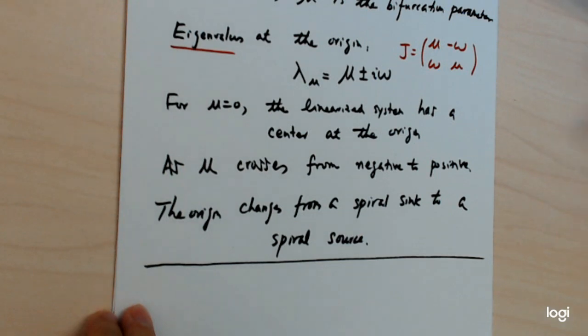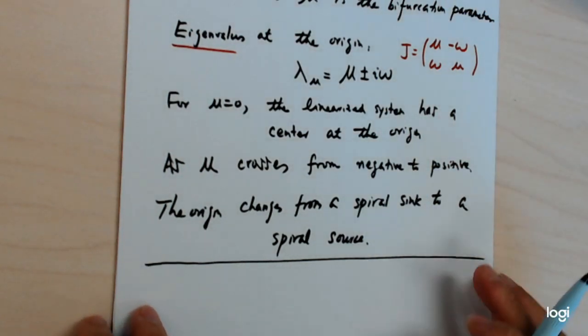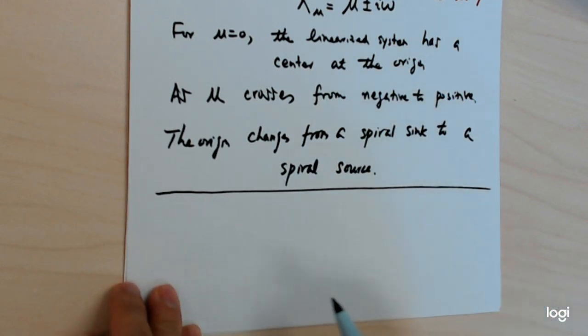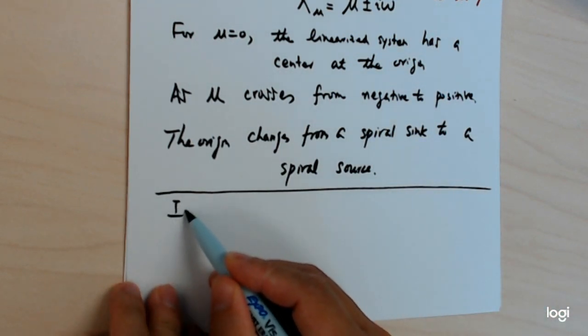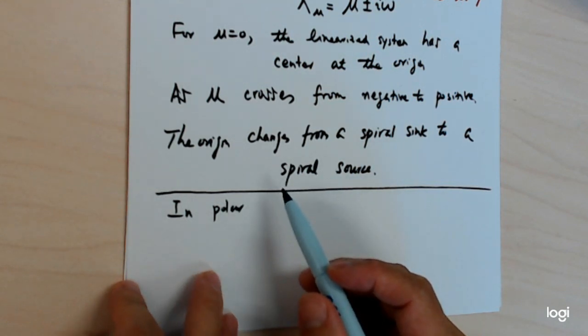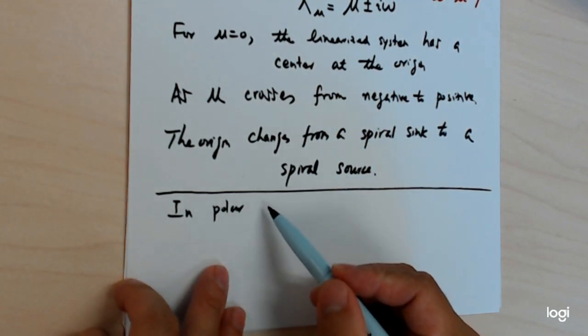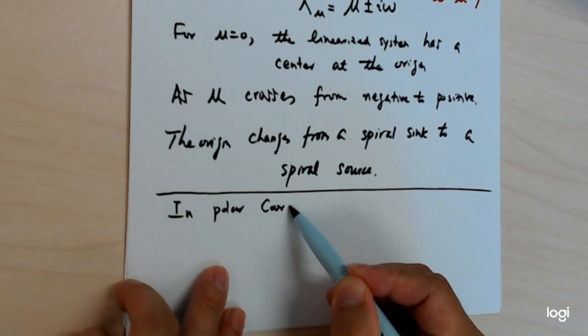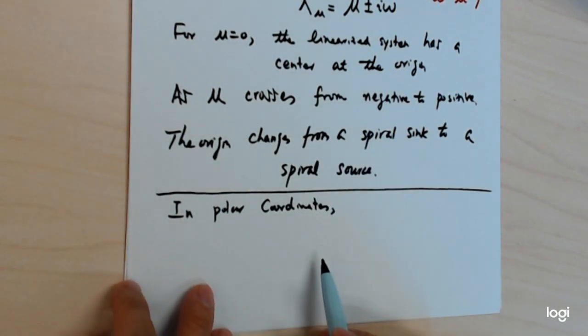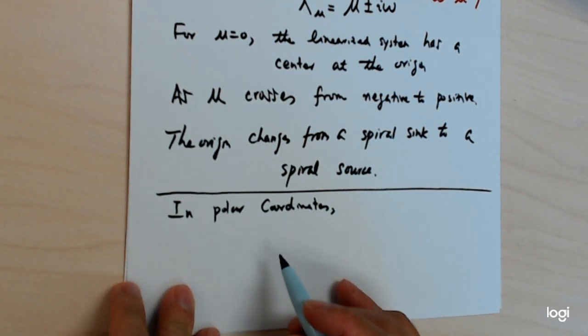Let's take a closer look by putting this into polar coordinates. We have done converting a system into polar coordinates before, so there are some detailed calculations that I did not carry out here. You can look up the previous lecture videos.